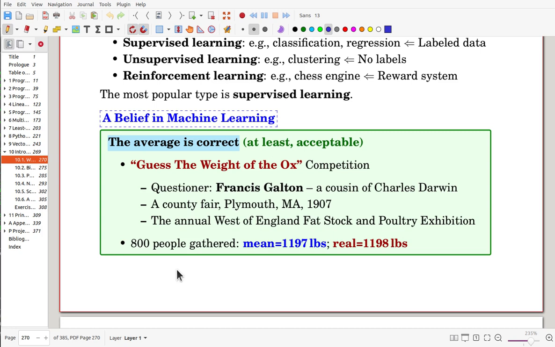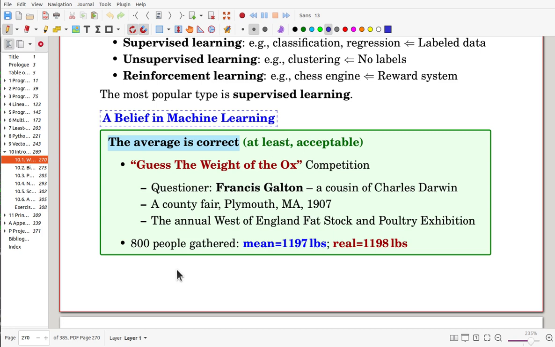In the fair, he asked the guests the weight of the ox, and there were 800 people gathered. Out of these 800 answers, 13 were not reliable because the answers could be 0 or infinity or not easy to read.